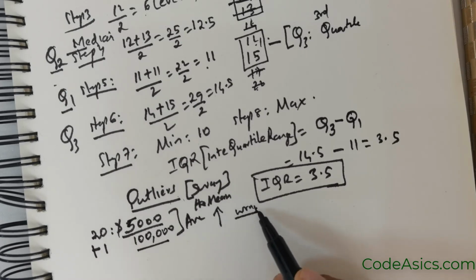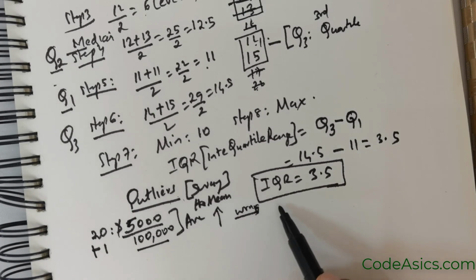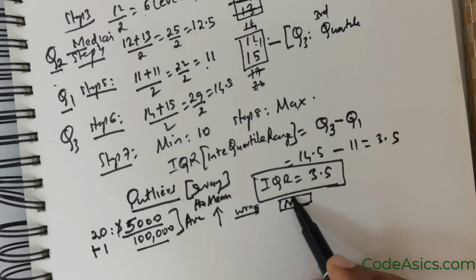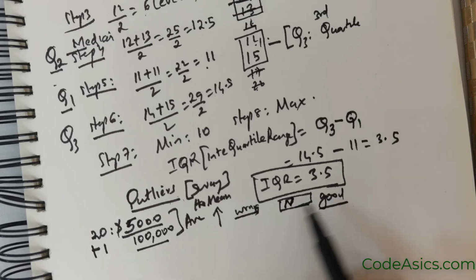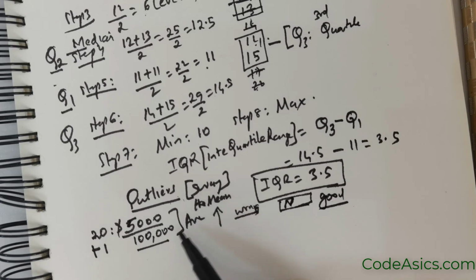You are getting an impression that this particular organization, say some organization called P, is paying its employees really well. Because in this day and age, 5,000 is okay. You can just survive on $5,000.